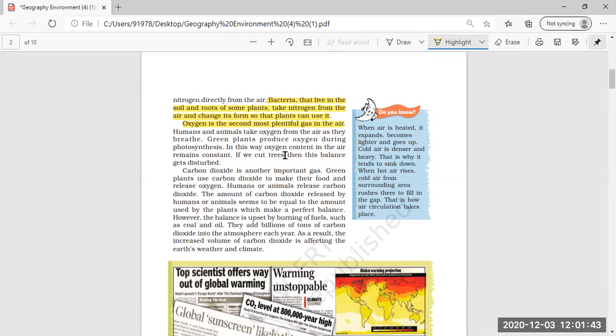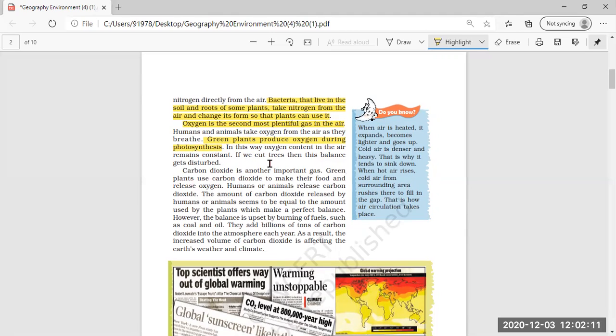Now, green plants produce oxygen. How do they produce oxygen? Through photosynthesis. You might be familiar with this word from your science lessons.